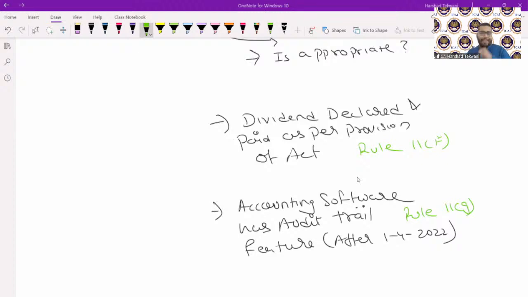For example, if I post a journal entry, and after 2 months I find I have posted a wrong journal entry, I'll delete it, matter over. No one will come to know this entry was there. But with an audit trail, that will not be possible, because once you create and post an entry, it is evidence, and that is the purpose of audit trail.